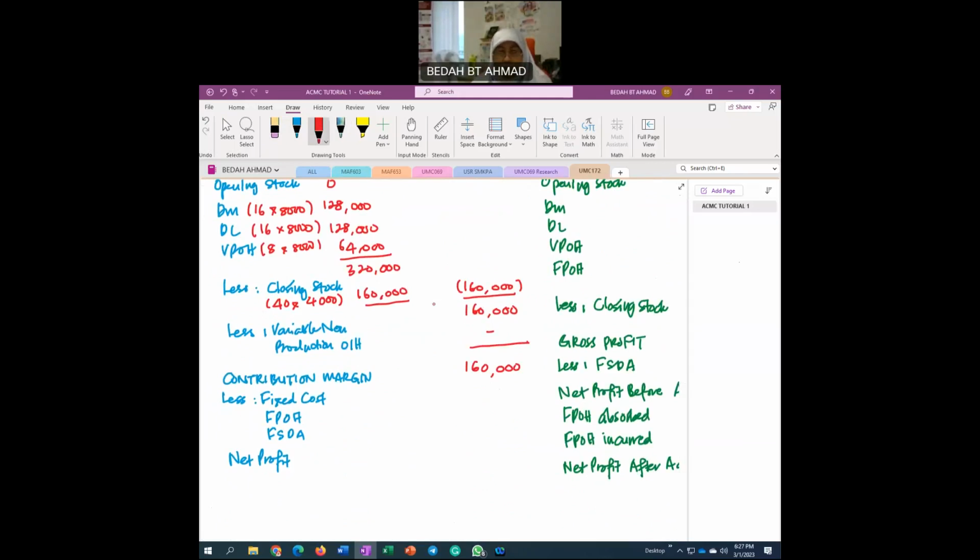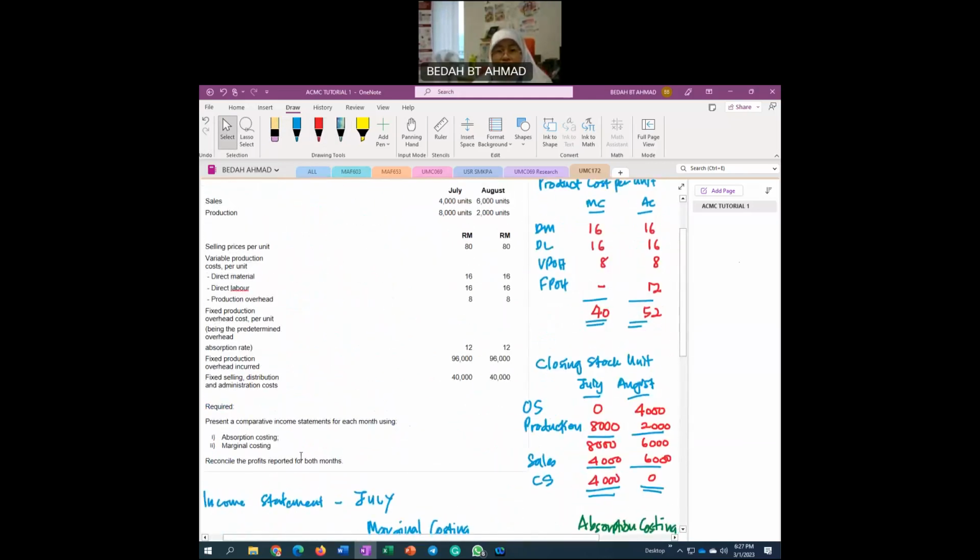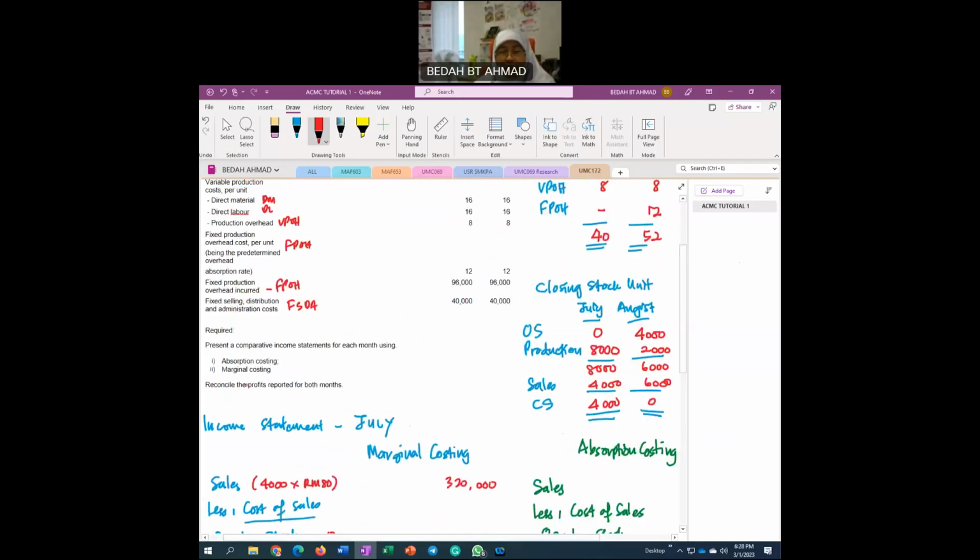Less the fixed costs, which we are given here: fixed production overhead incurred of 96,000, the FPOH, and the fixed selling, distribution and admin cost, the FSDA, of 40,000. This is the DM, DL, the VPOH, and the FPOH.